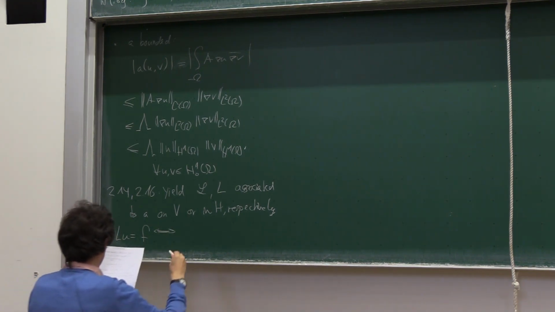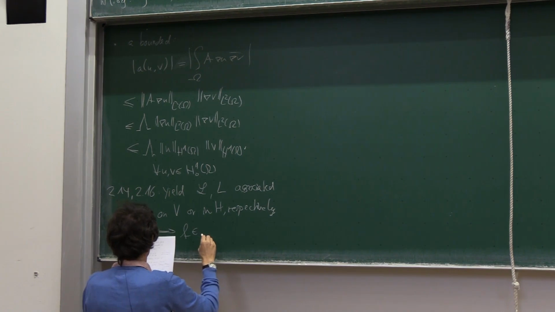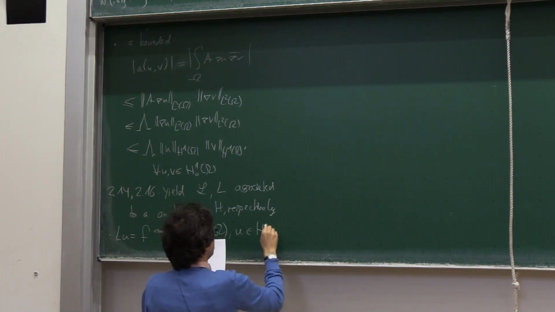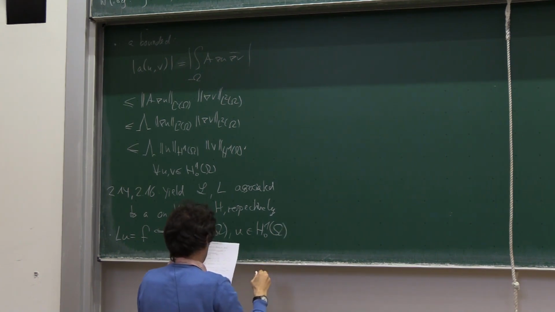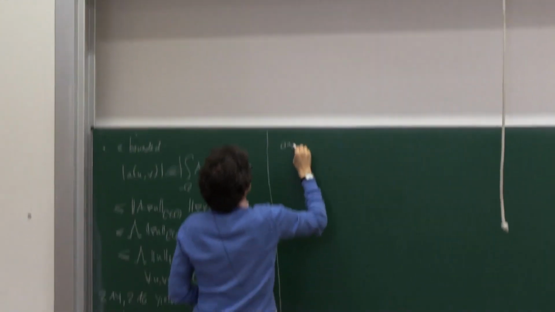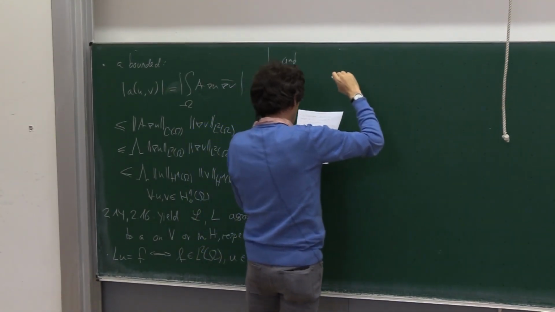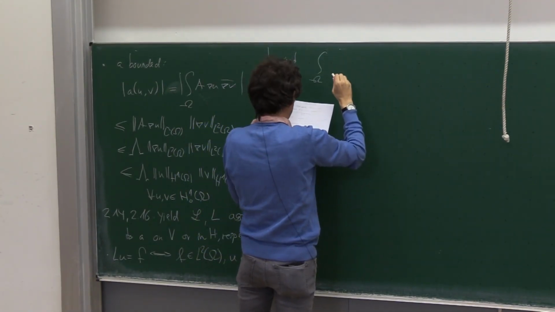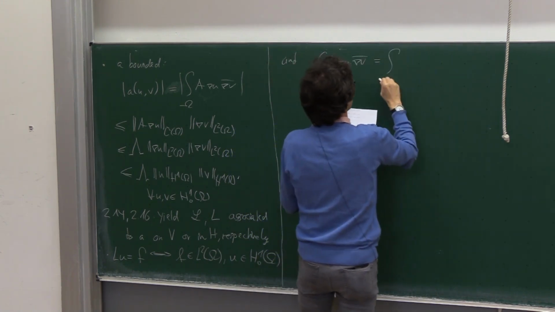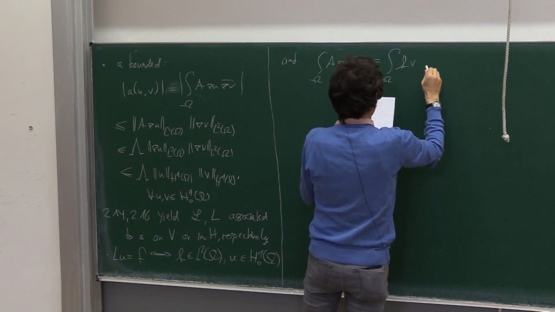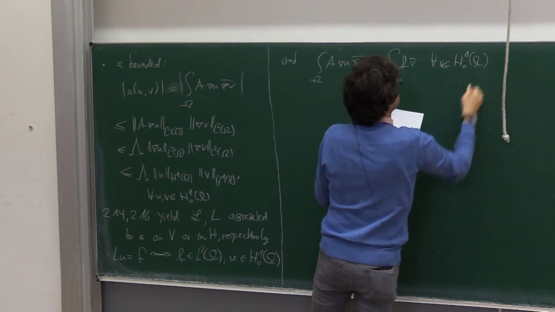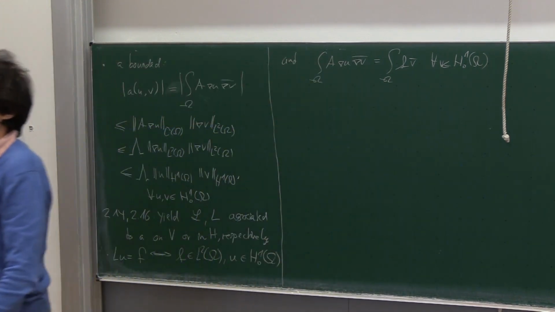If and only if f is in the Hilbert space H, so in L2 of omega, u is in the Hilbert space V, so in H10 of omega, and you have the equality that A(u,v), so the integral of A gradient u gradient v bar, is the same as the integral over omega of f v bar for all v in H10 of omega. This was the defining thing of these operators.